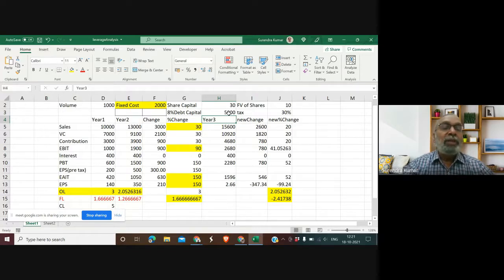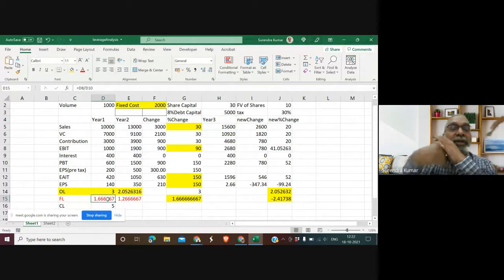My operating leverage remains, which has been defined by operational structure, by cost structure of the business. And my financial leverage is defined by my financial structure or capital structure of the business. So it is that which is changing when I'm changing the capital structure. And then, of course, combined leverage in any case is changing because it is a multiple of the two.